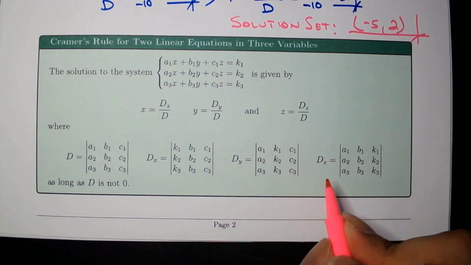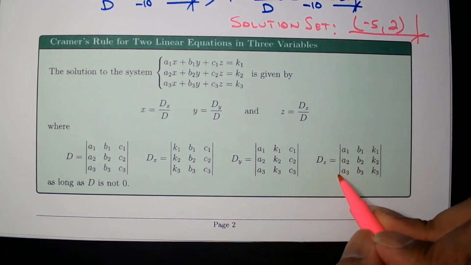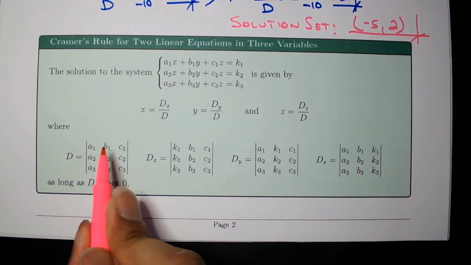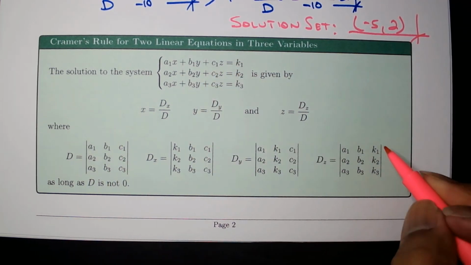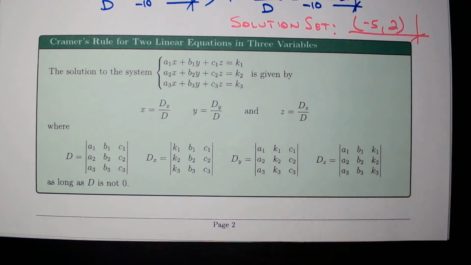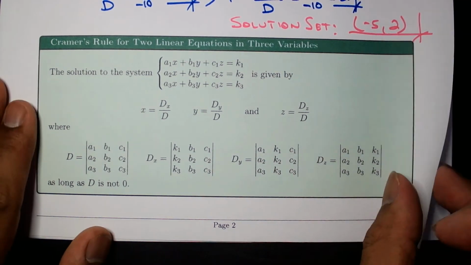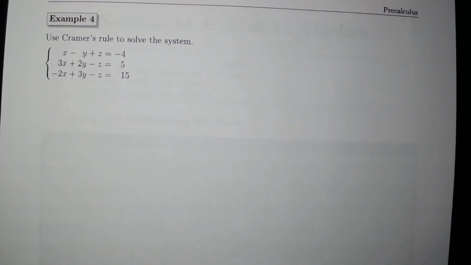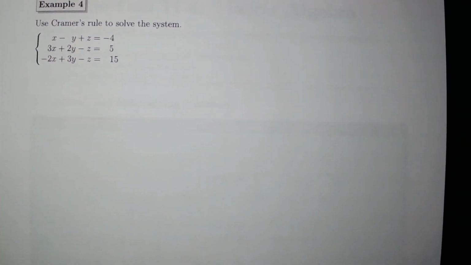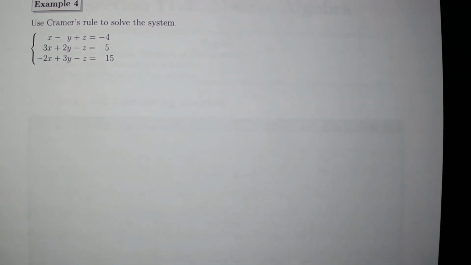And finally, for d sub z, we keep the first two columns of the original d, but we replace the third column with the constant coefficients. Yes, this one is going to take a good minute to solve. But let's see. So we use Cramer's rule to solve the system.